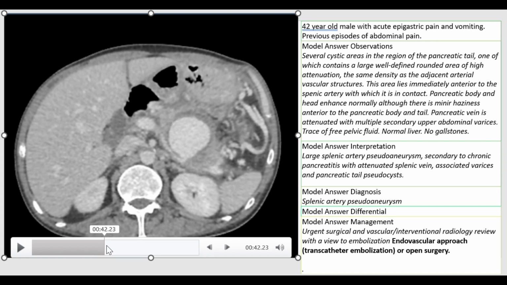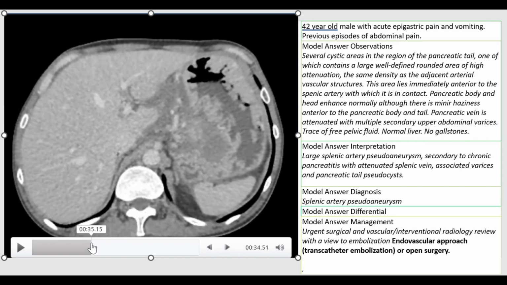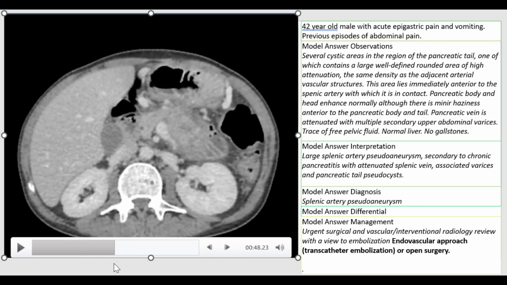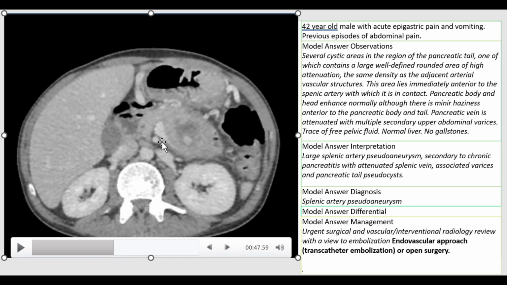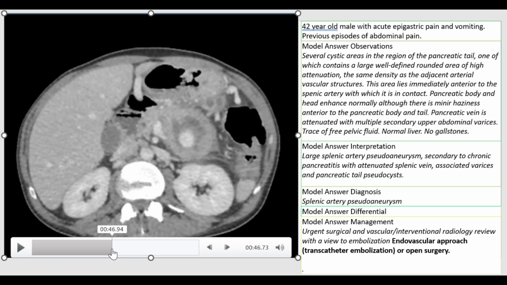The high attenuation lesion here is a splenic artery pseudoaneurysm formation, and the attenuated splenic vein here is due to splenic vein thrombosis, or splenic vein compression and obstruction.